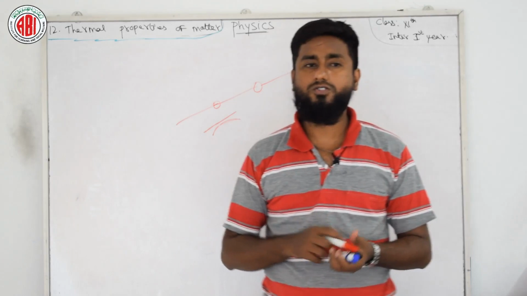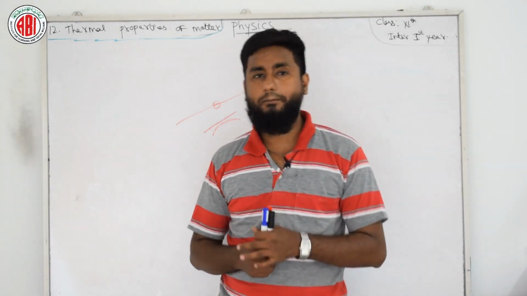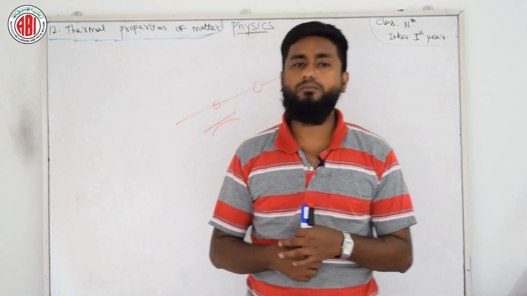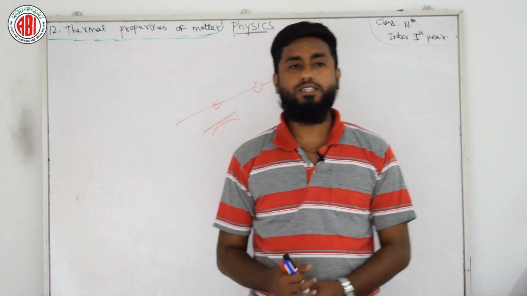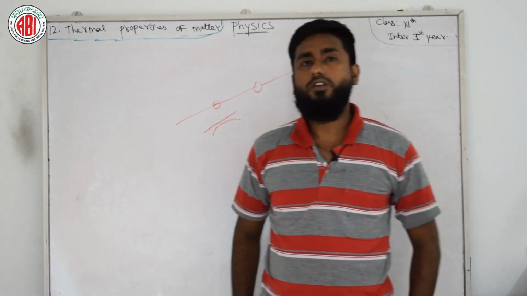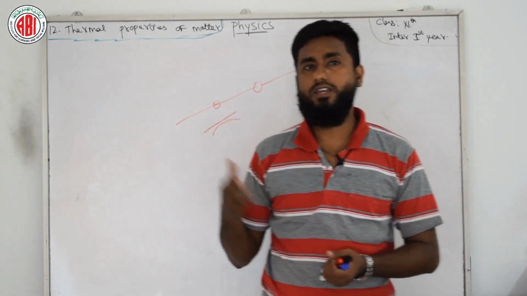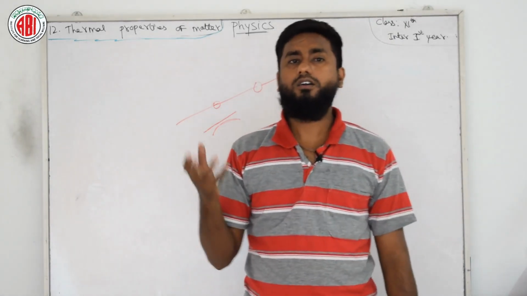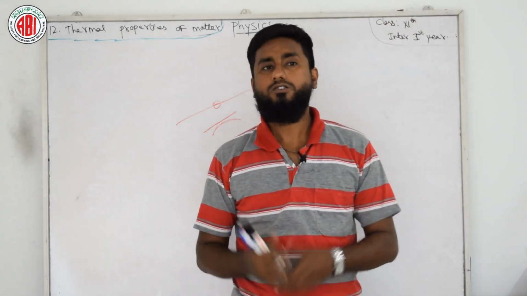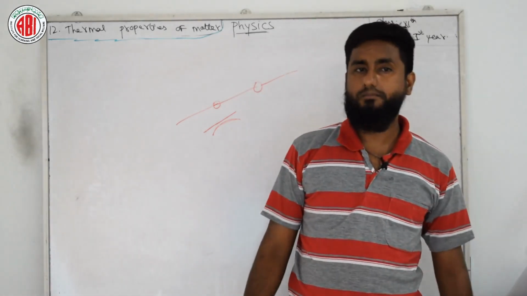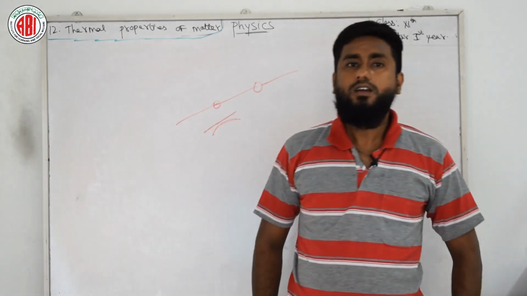And we have one more question: why are utensils coated black, and why is the bottom of utensils made of copper? In utensils you might have seen the bottom is black or coated with copper. What is the reason behind this? The answer is, utensils are coated black because black is a good absorber and emitter of heat.